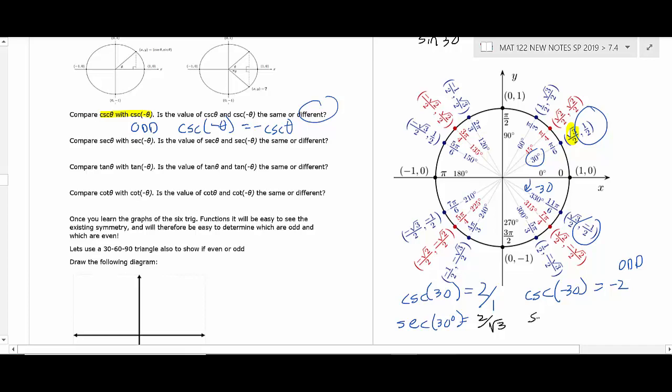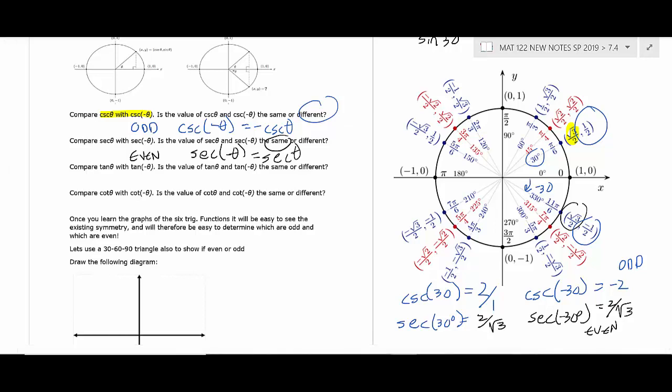But if you did the secant of negative 30 degrees, that would be the reciprocal of the x value, so it's still 2 over root 3. So it's an even function as a result. Therefore, we could say the secant of negative theta is equal to the secant of theta. It's just that symmetry of how x and y work when the angle becomes opposite. That's really what it's all about.